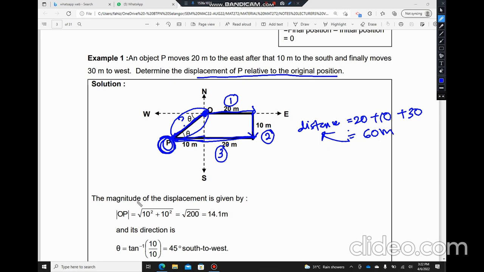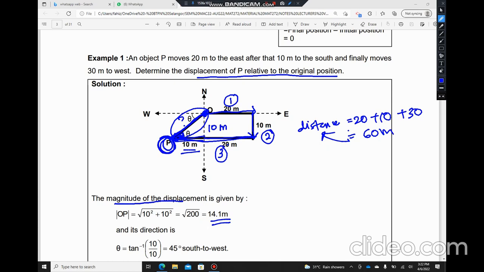Okay, so kat sini you can use formula the magnitude of the displacement. Since this one is 10, this one also 10. So 10 square plus 10 square, square root is equals to square root 200 and equal to 14.1 meter. And its direction, tangent inverse 10 over 10, equals to 45 degree south to west.